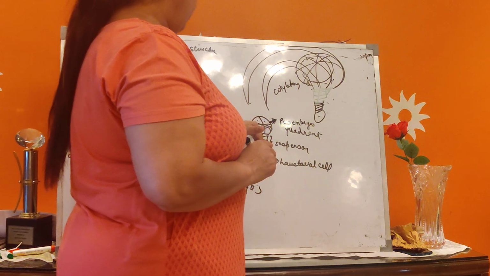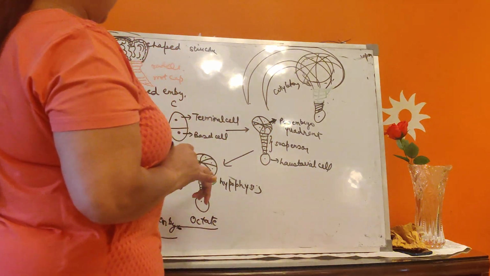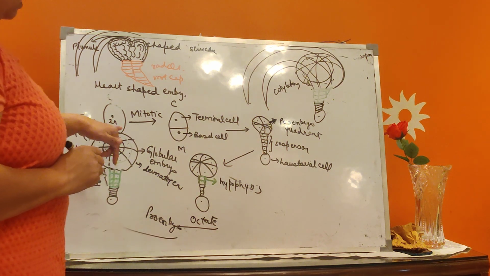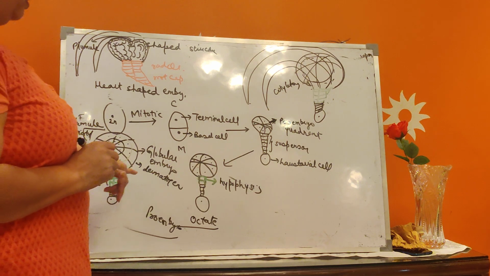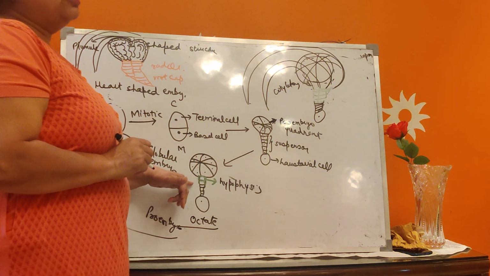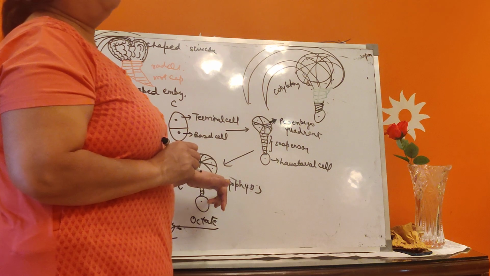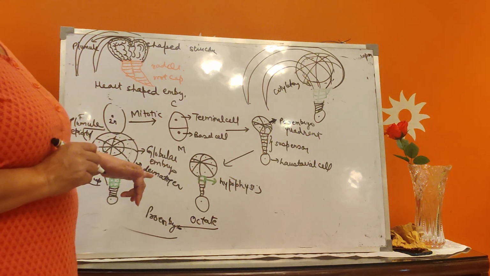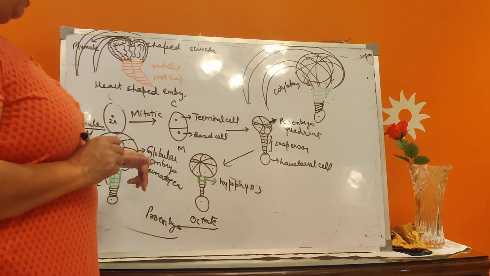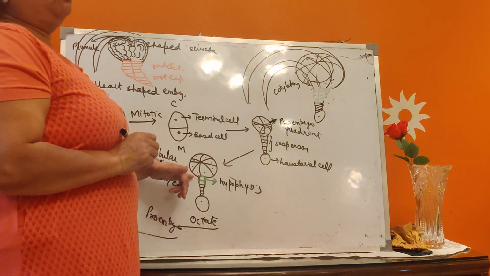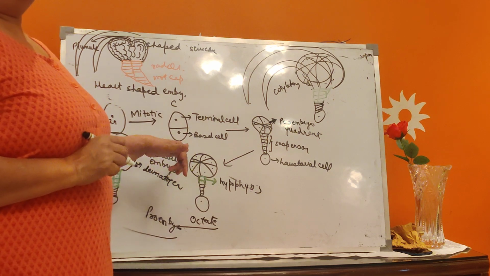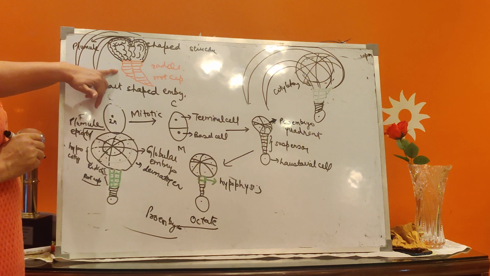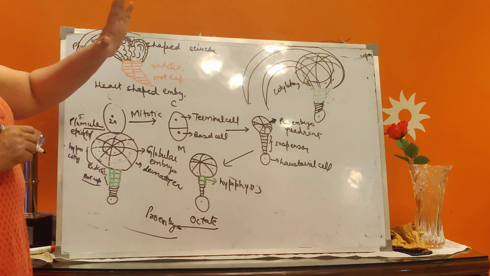After 8 cell formation, it forms a 16 cell structure, and meanwhile a structure arises that is called hypophysis. Now hypophysis undergoes mitotic division to form an 8 cell structure, and the purpose of this hypophysis is to form what? Root cap and radicle, that we are seeing here. This is the purpose. Finally what gets deleted?